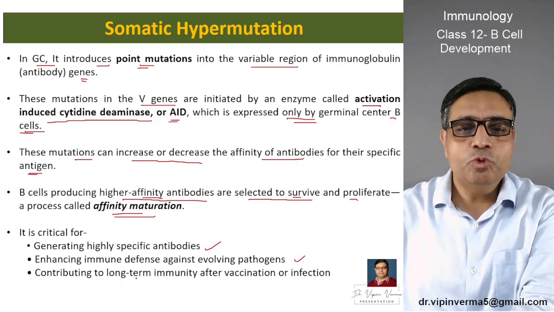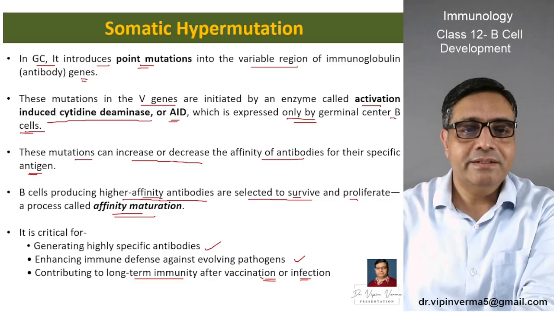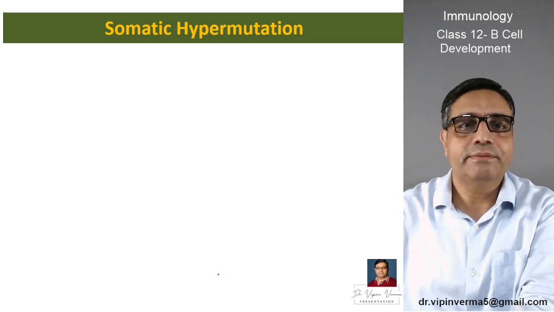And it contributes to long term immunity after vaccination or infection. This is critical for generating highly specific antibodies, for enhancing immune defense against evolving pathogens, and contributing to long term immunity after vaccination or infection.